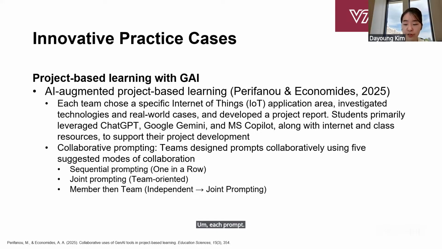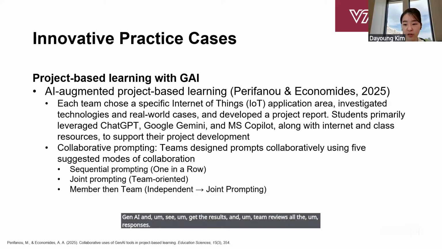The third option was a member-then-team approach. Here each member starts independently, writing their own prompt, and then the team reviews all the AI responses together. Each member enters their own prompt into the Gen AI and gets the result, and the team reviews all the responses.